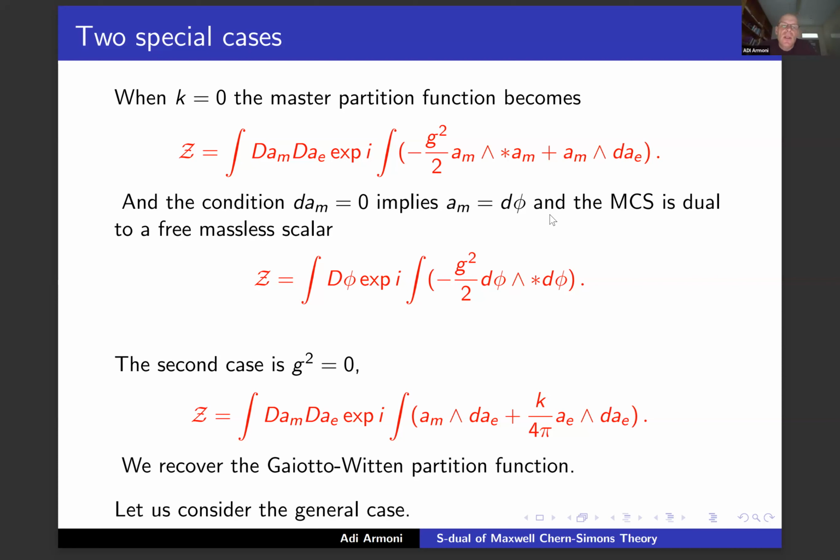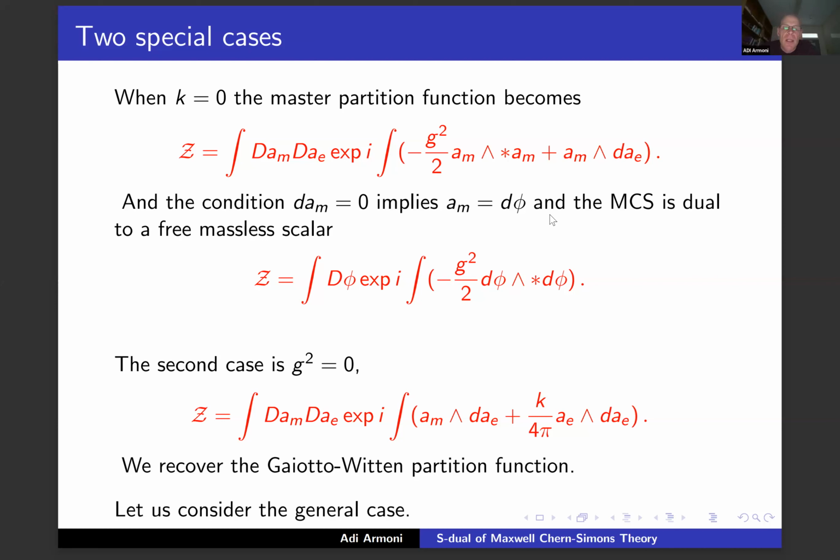And the other case is what happens when g squared is 0, namely, what happens if I omit the Maxwell term from the master partition function. Then we get the following partition function, dAM, dAE, where the first term is AM wedge dAE, and the second term is the Chern-Simons term.